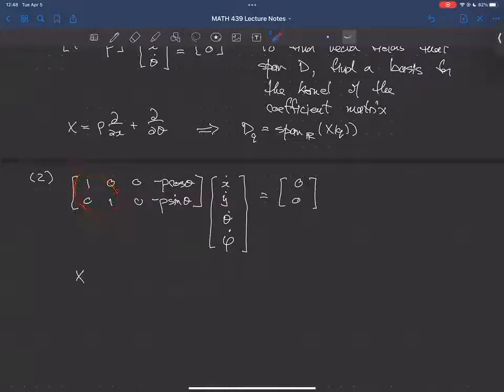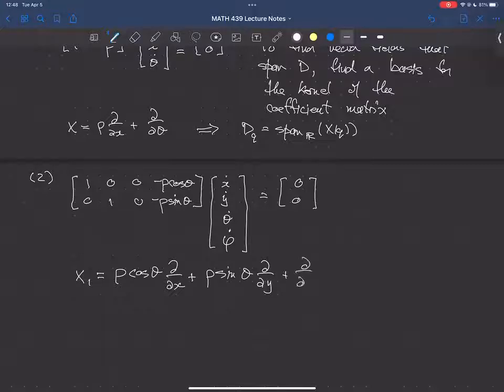So there's going to be two vectors that span, and the first is rho cos theta d by dx plus rho sine theta d by dy plus d by d phi.